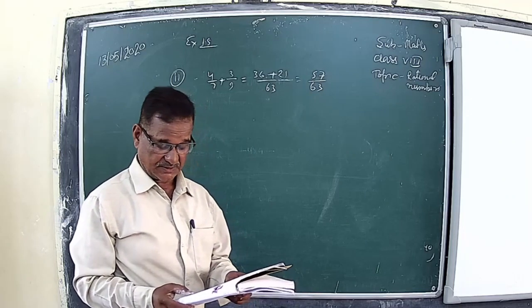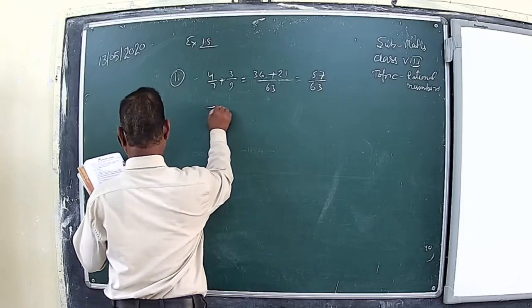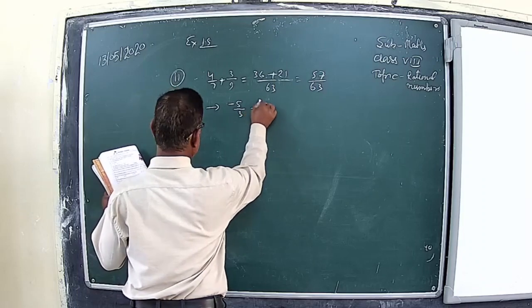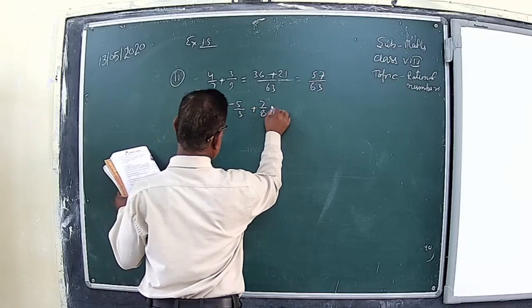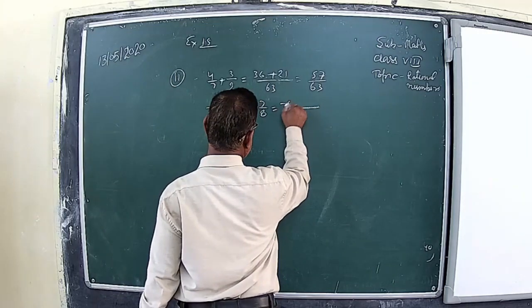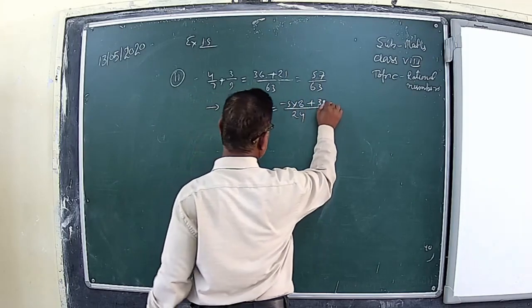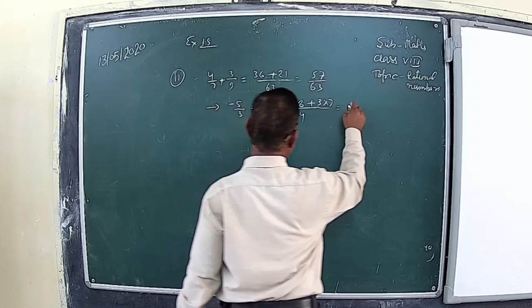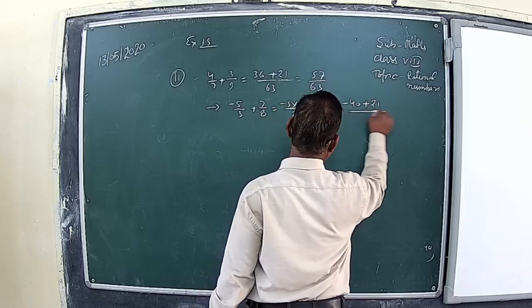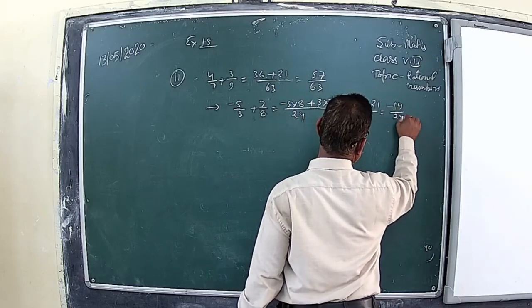Now simplify the second fraction: minus 5 by 3 plus 7 by 8. The LCM is 24. Then minus 5 into 8 plus 3 into 7 is equal to minus 40 plus 21 by 24, which is minus 19 by 24.